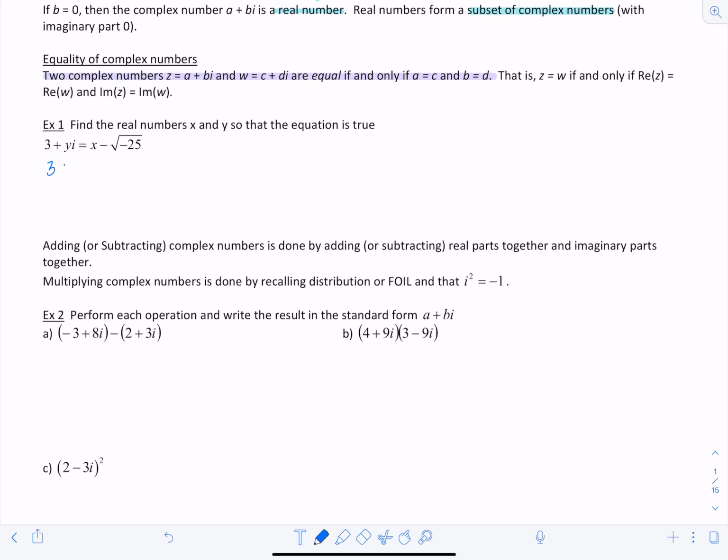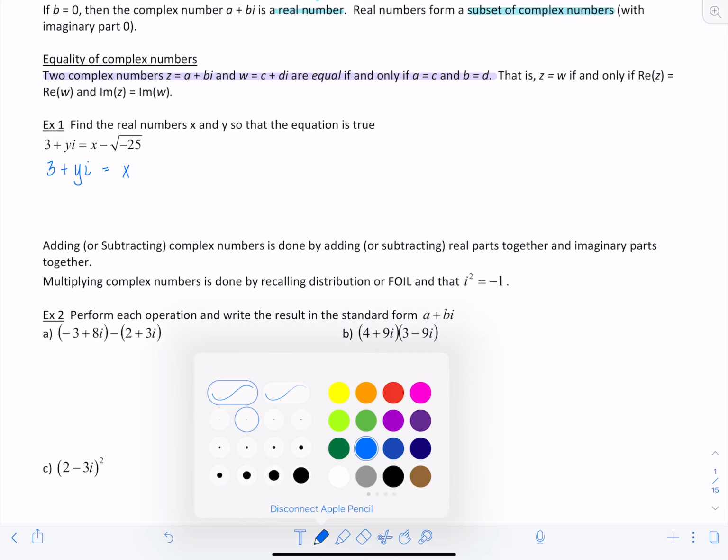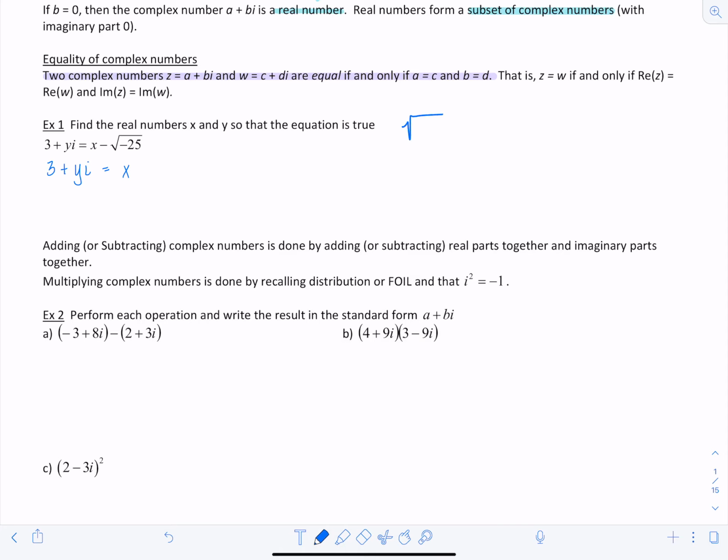So this is 3 plus yi equals x. Now here, notice I have the square root of -25. So the square root of -25 I could think of as the square root of -1 times 25, which is the square root of -1 times the square root of 25. And the square root of -1 we've defined to be our imaginary unit i, and the square root of 25 is 5.